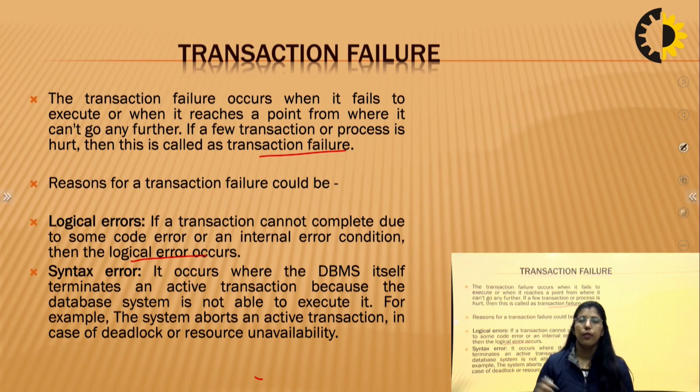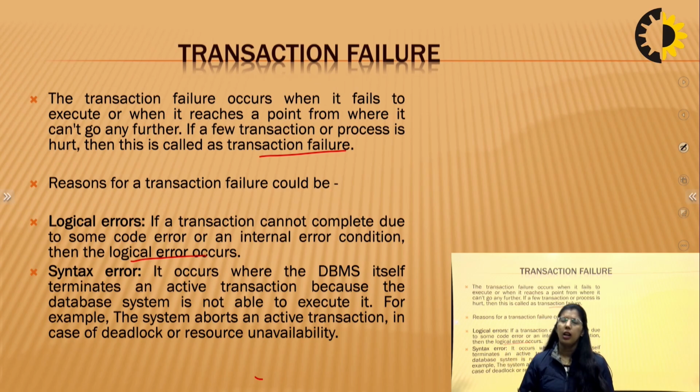Let's say we need to transfer money from one account to another, right? And for example, there are some other transactions which are doing some transferring job. Then a deadlock condition might occur if the first transaction is requiring an X resource and the second transaction is using X, then how will the first acquire the X?